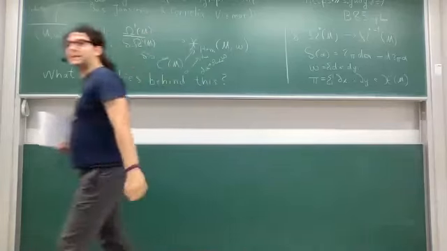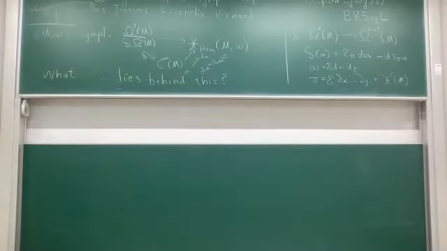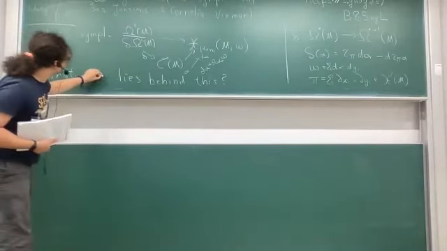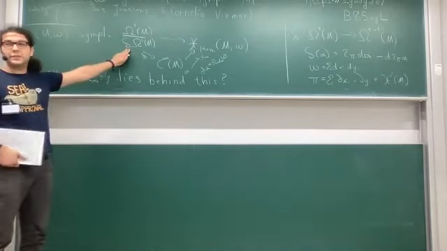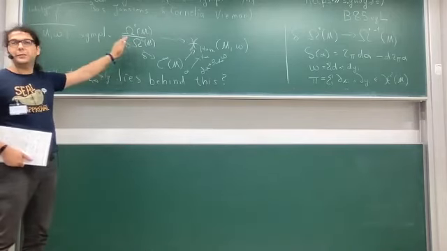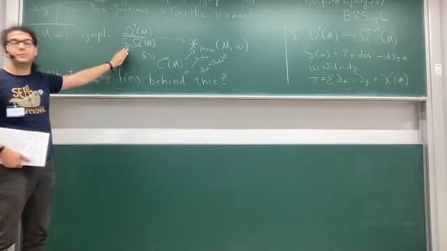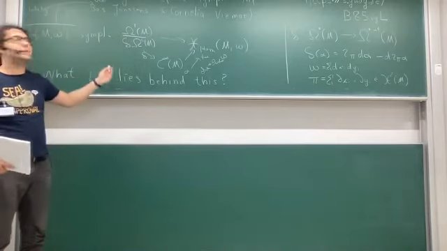And more precisely, we were wondering what L-infinity algebra lies behind this, because whenever we see a Lie algebra on something which is a quotient, we wonder whether it comes from an L-infinity algebra on the original thing.